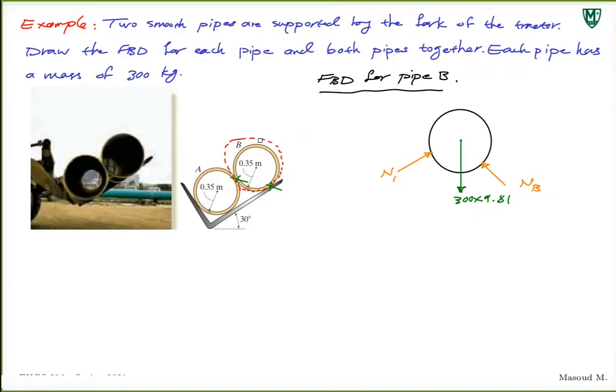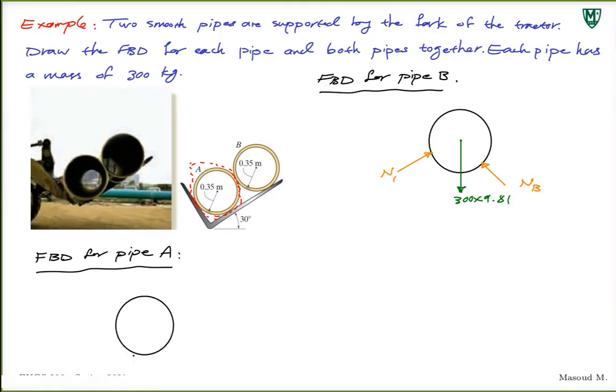Now let's do a little more challenging one. Let's do pipe A. I don't call it challenging, but free body diagram for pipe A. Right. Erase this one, and then I'm basically isolating pipe A. Draw it here, like this circle, there you go.